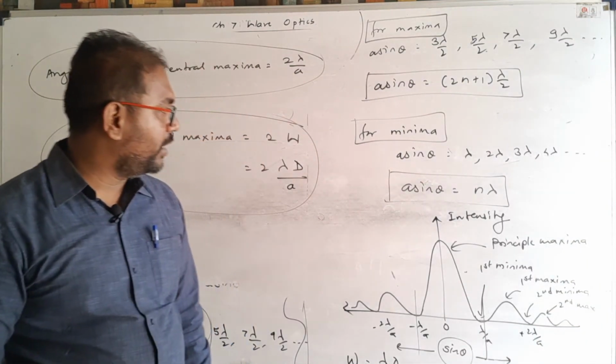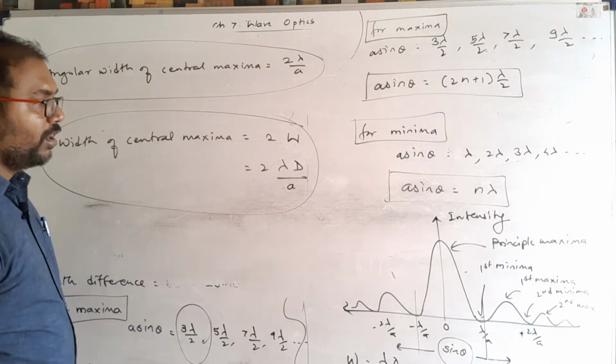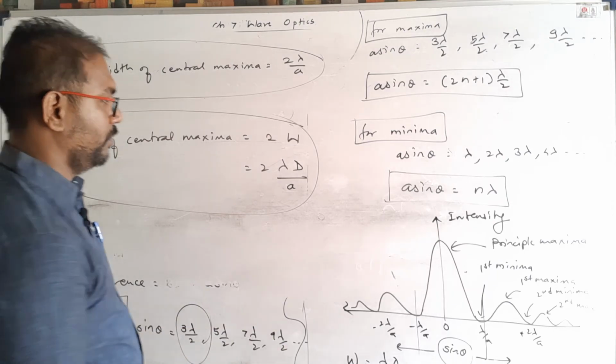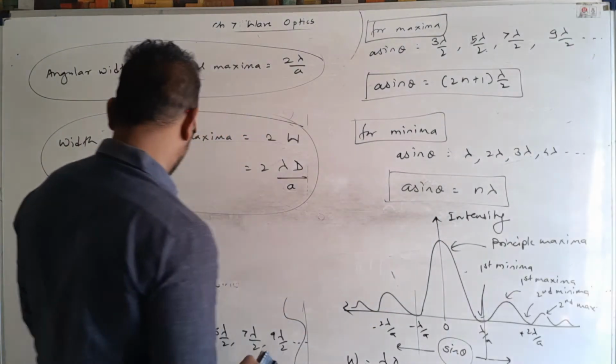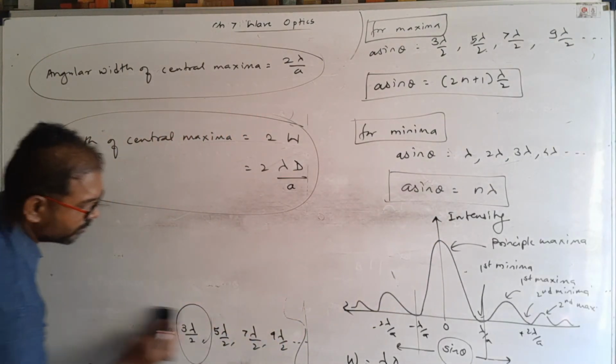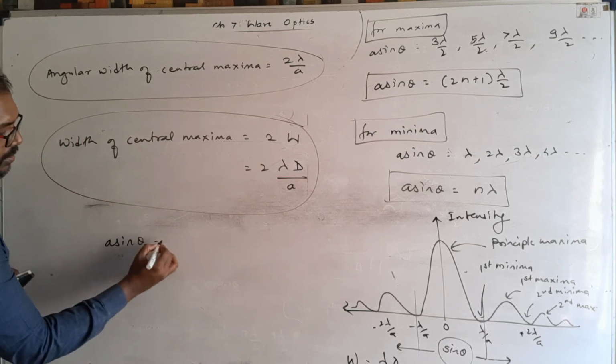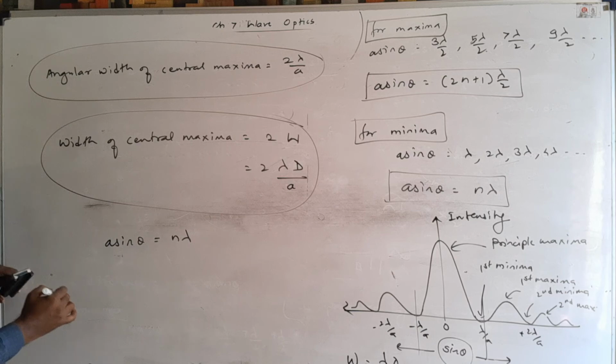So angular width. How do we get this formula? Or you can write the angle also. So by using this formula, you can write the angle also. So you know that a sine theta is equal to n lambda. Okay?